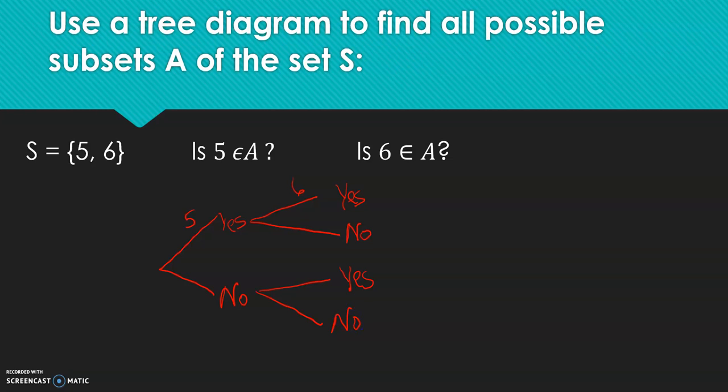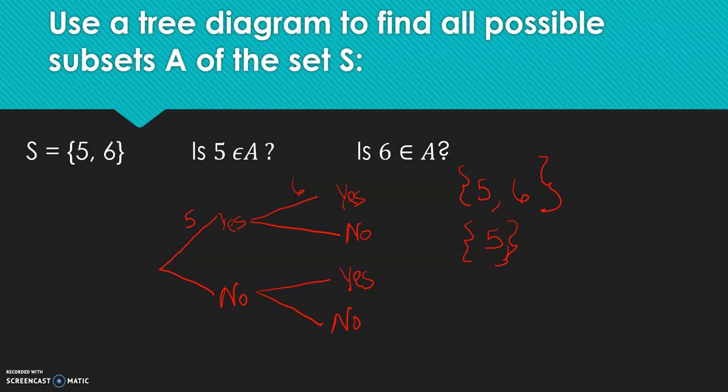As we read across this tree diagram to write our new sets, 5 is in the set and 6 is in the set. Continuing across, that was yes and yes. 5 is in the set, 6 is not in the set.